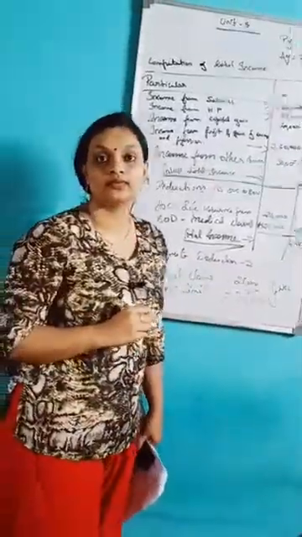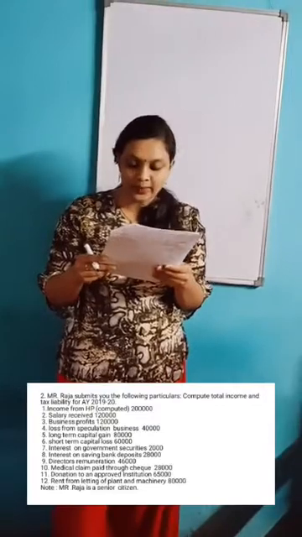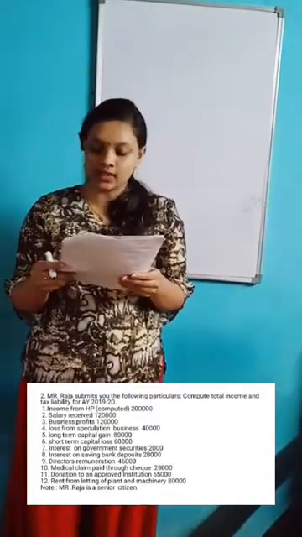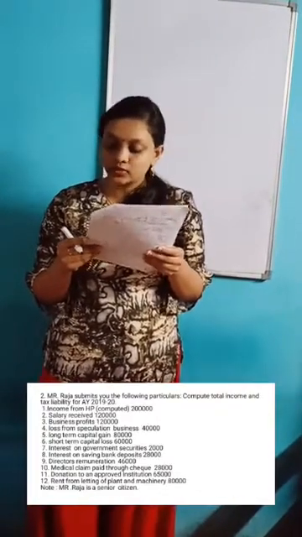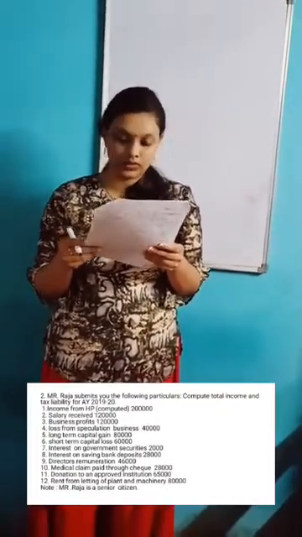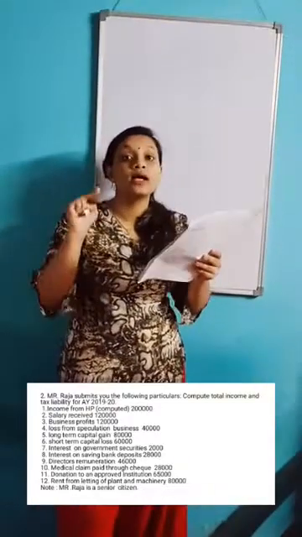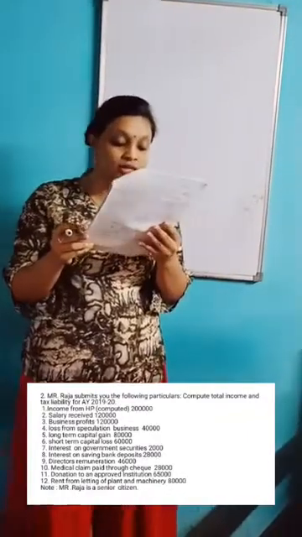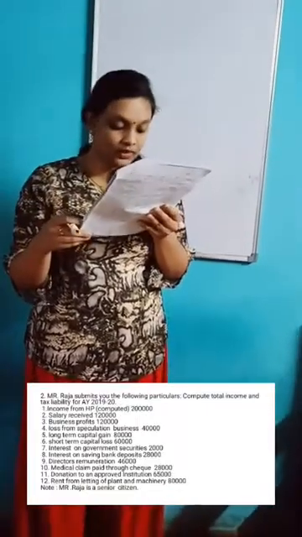Second question. Mr. Raj submits the following particulars: compute total income and tax liability for assessment year 2021-22. So you should calculate two things: one is total income and the other is tax liability. Income from house property computed 2 lakh.